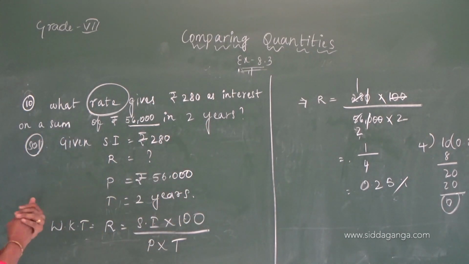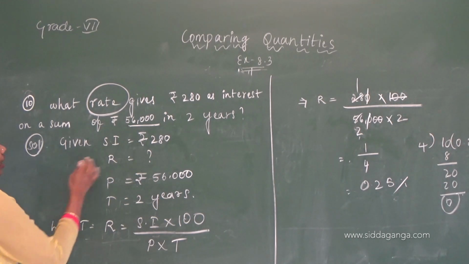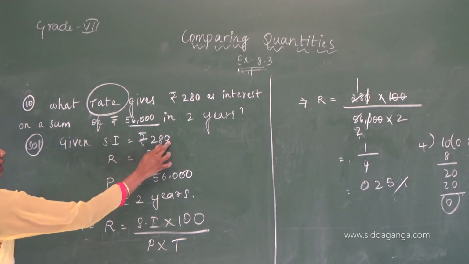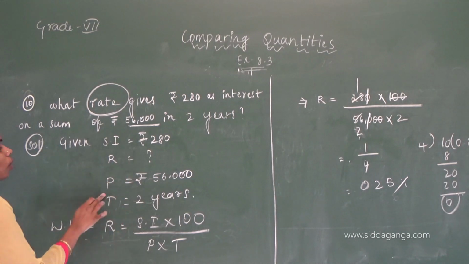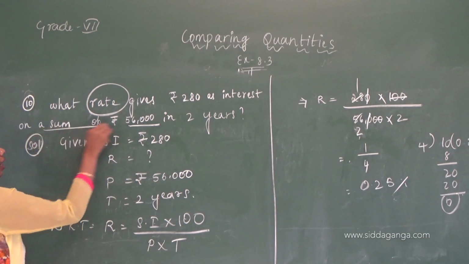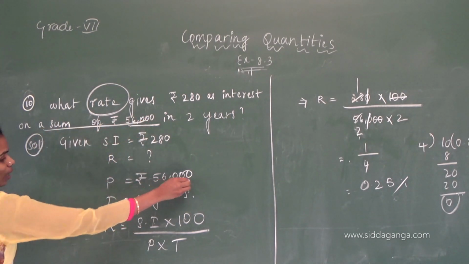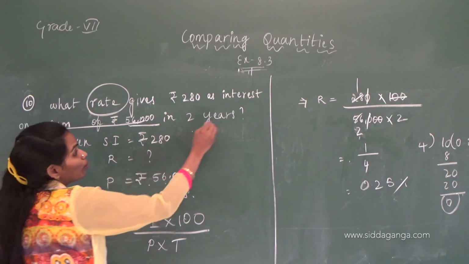Whatever is given in the question, we just write: SI equals rupees 280, R equals we don't know, P equals 56,000, T equals 2 years.